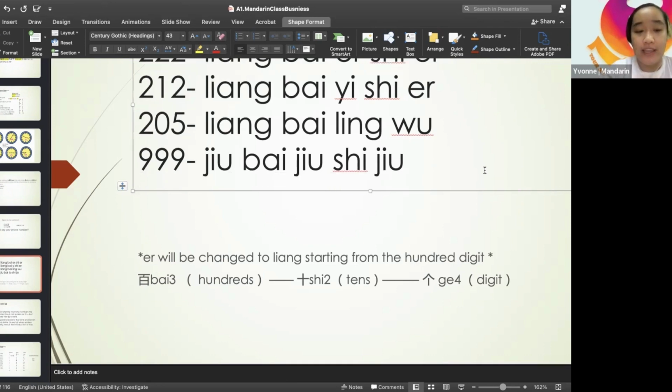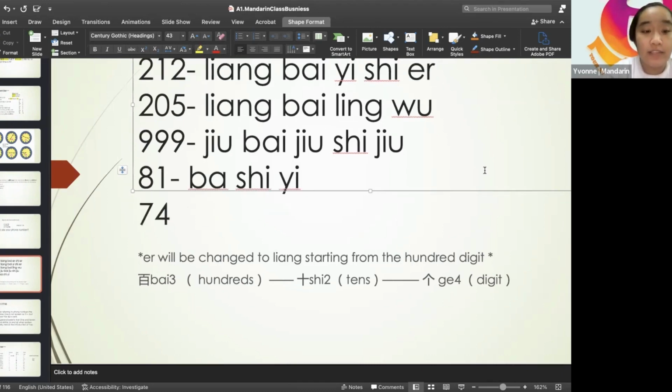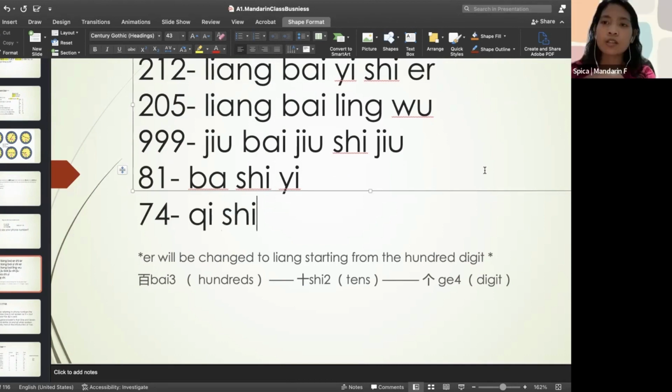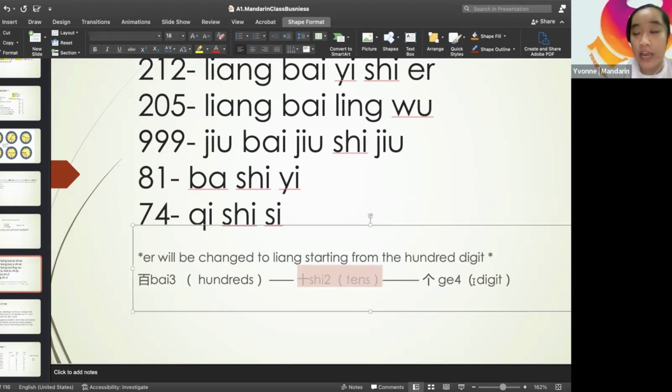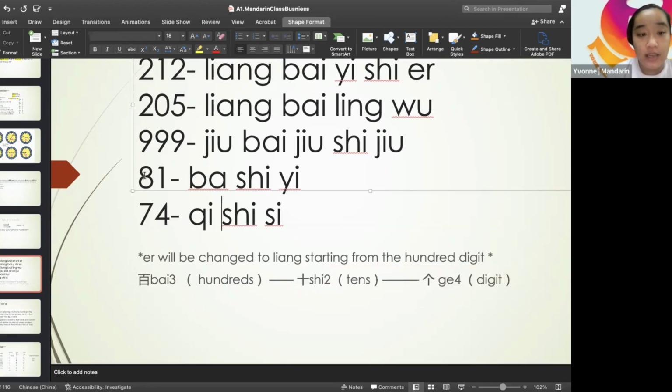Because for example, 81, in Mandarin, is firstly 8, and then there's a 10. So 80. Then you still have a 1, so 81. Again, another number, 74. We have the number 7 first, and then we have 10, 70. It follows here as well, if you notice. 74, 81.